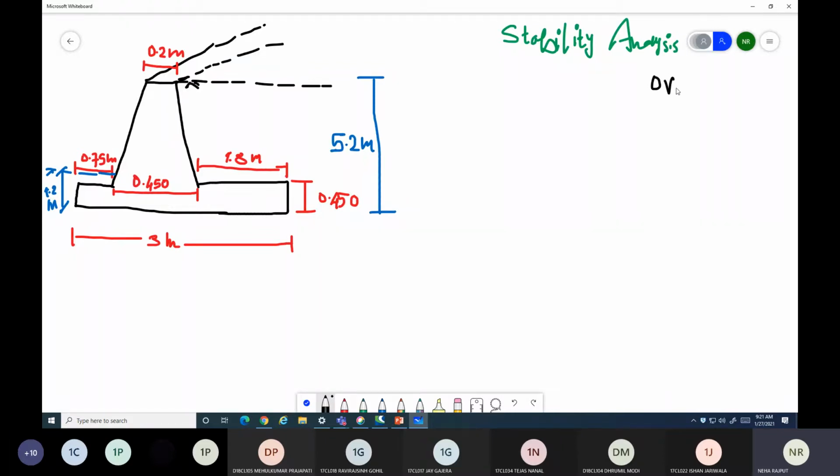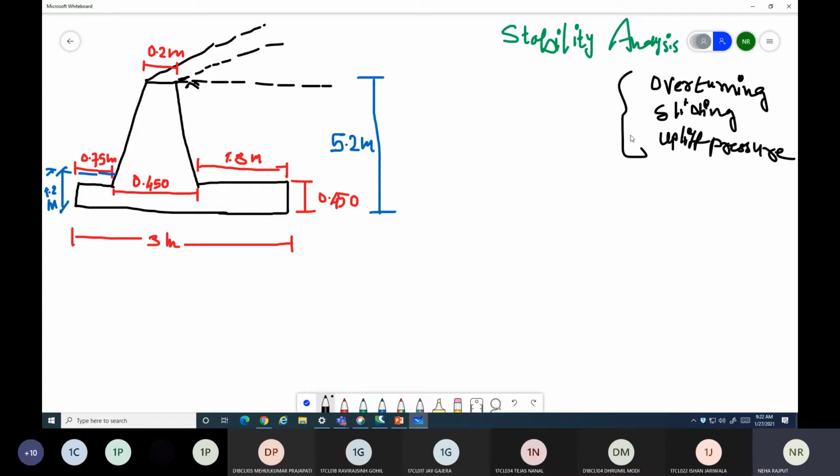One is check by overturning forces, means your retaining wall is safe in overturning. Then sliding condition, that the dam is safe in sliding. And third is uplift pressure. Right. So these three checks we need to perform in this stability analysis.